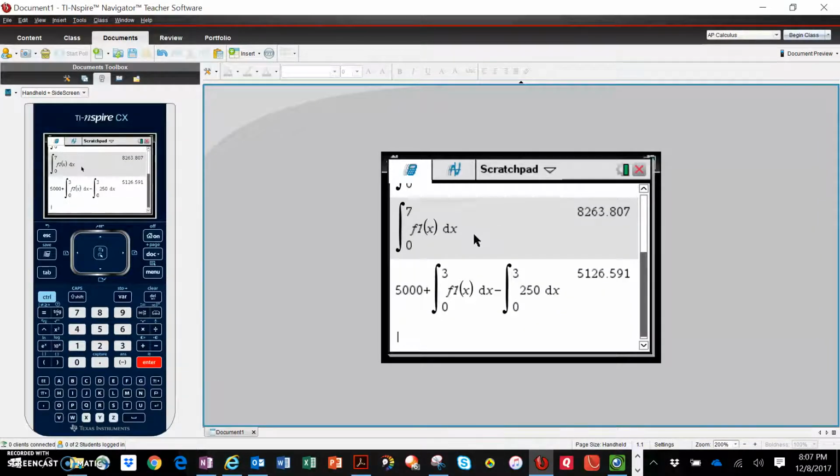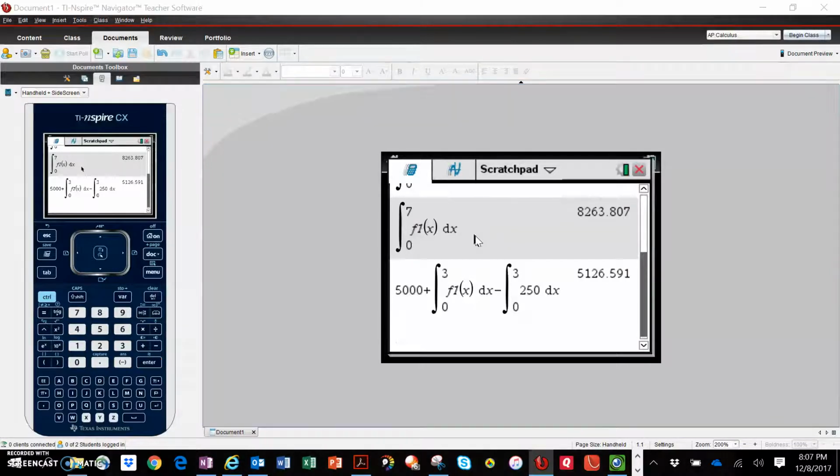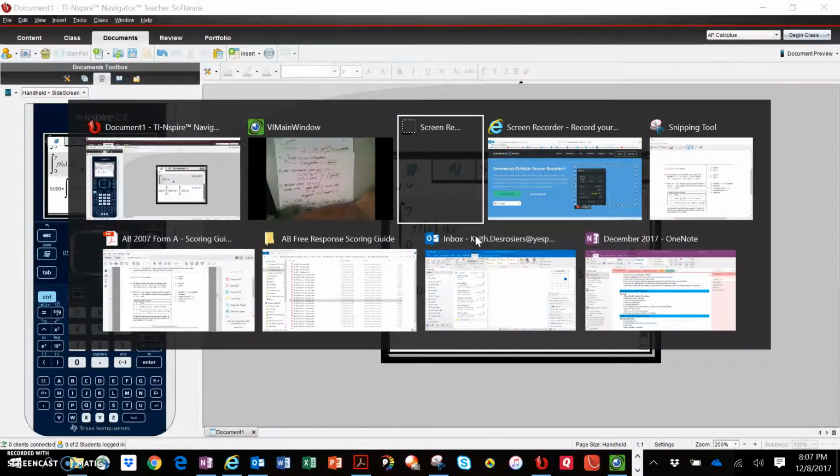And according to my calculations, this is going to be approximately 5,126.591 gallons. We're doing well.